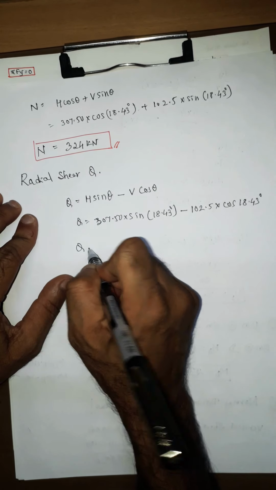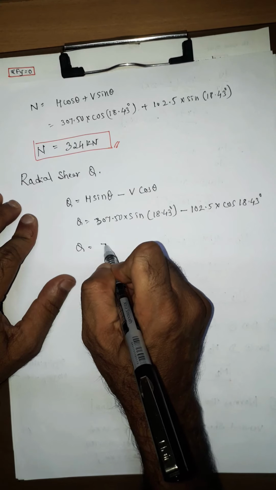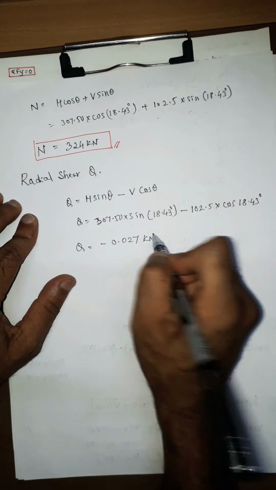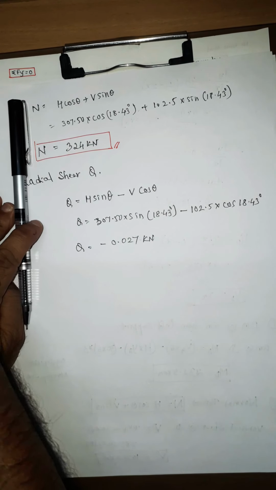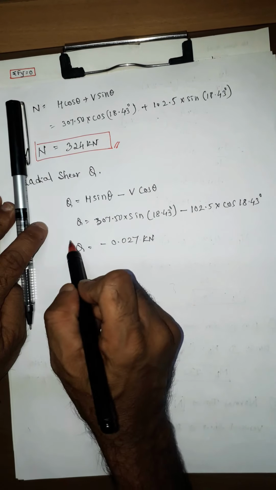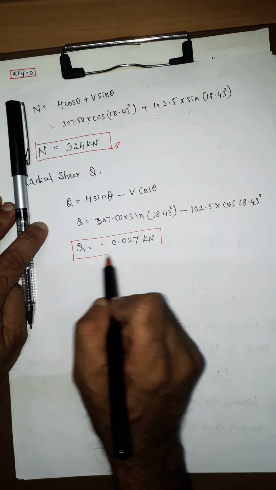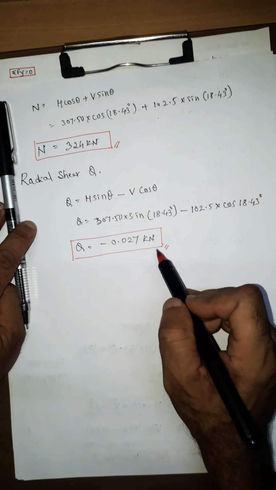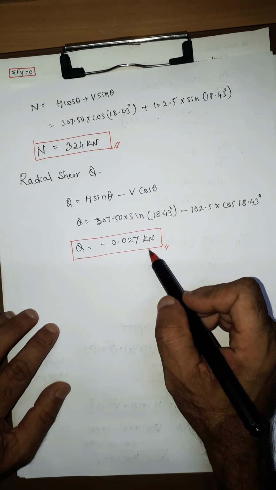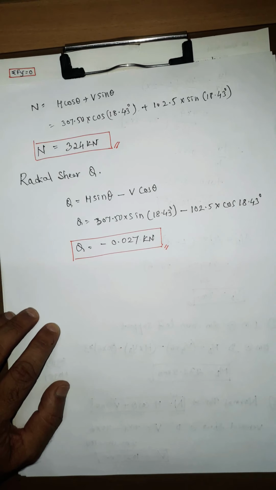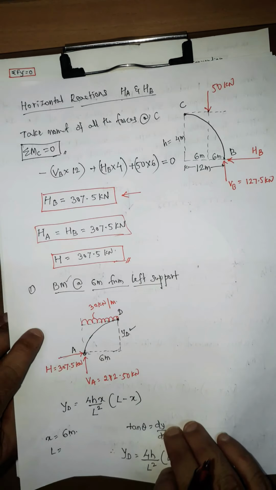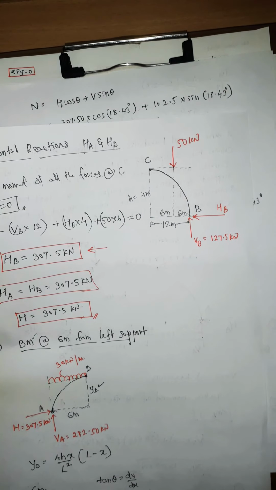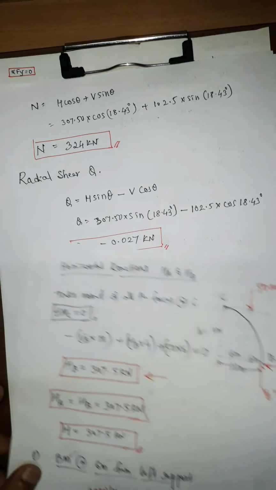So this comes out to be minus 0.027 kilonewton. So radial shear at point D is minus 0.027 kilonewton. The normal thrust is 324 kilonewton, radial shear is minus 0.027 kilonewton, and already we have found out the bending moment at point D.